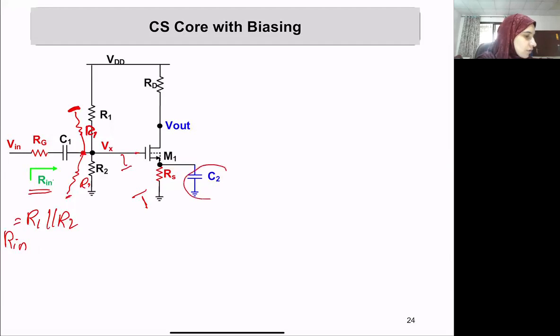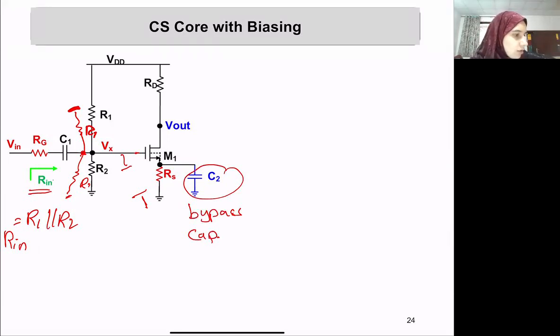The point of this bypass capacitor, what happens? At DC, when we want to set the DC operating point of the amplifier, it acts as an open. So it's like it's not there, and then we have a common source with degeneration and we bias it. Once we go to higher frequencies, it becomes a short.